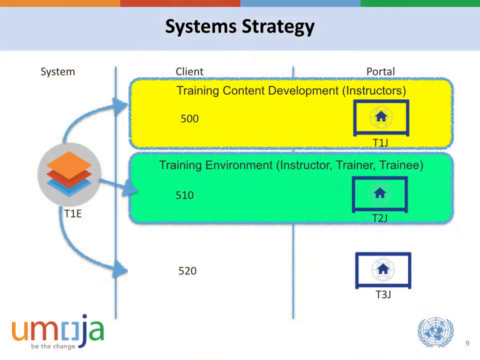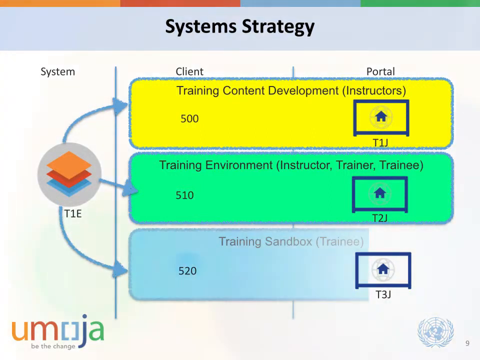The next is client 510 and the portal T2J, which will be the actual training environment where the instructors, the trainers, and the trainees will be working together to stage the content, train, and utilize the training courses to do the trainee part of the process.